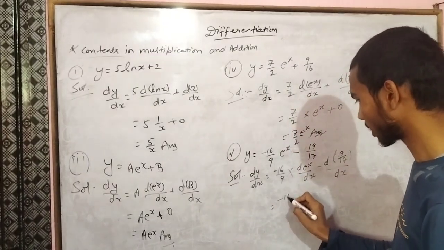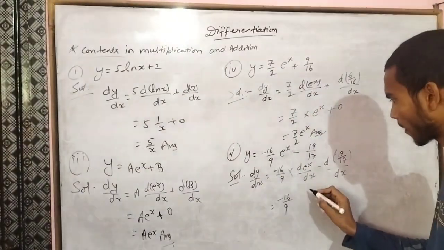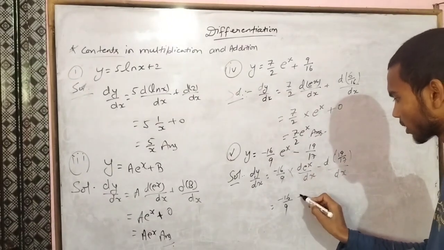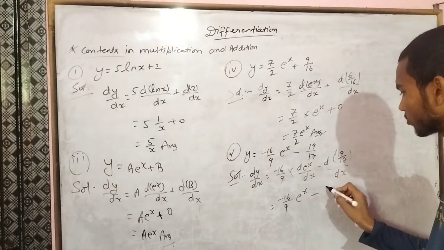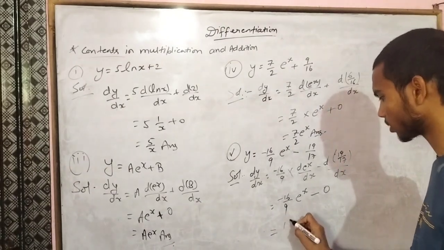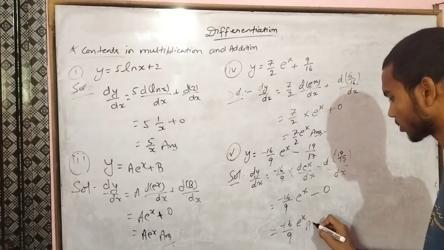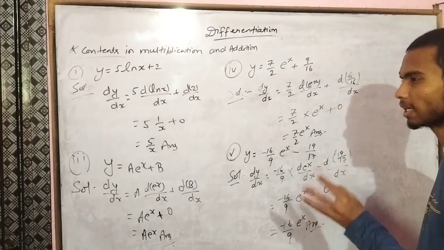Now it is as it because this is not a differentiation. Now differentiation of ax, as we know, will be as it. Now this is 0 because of constant. This is constant. And finally the answer is here.